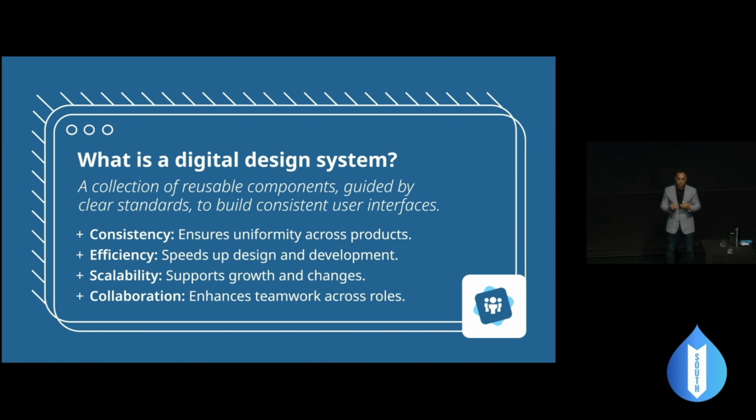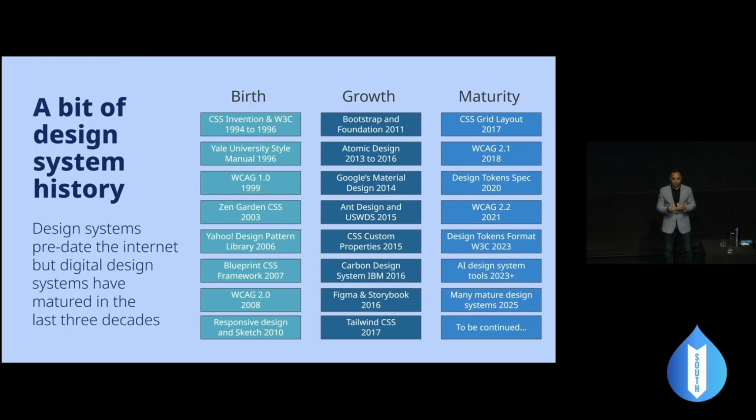So you'll have consistency and uniformity of the different components, efficiency of building out those components, and scalability to harness the power of Experience Builder, and then collaboration across different teams when you're using and managing a site.